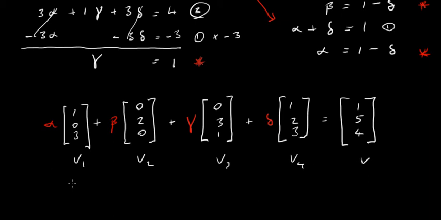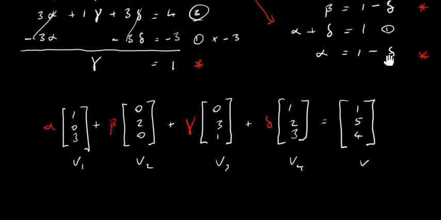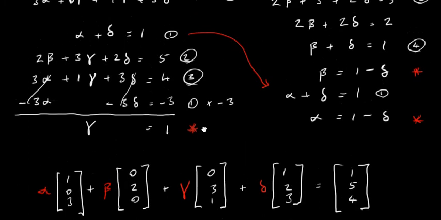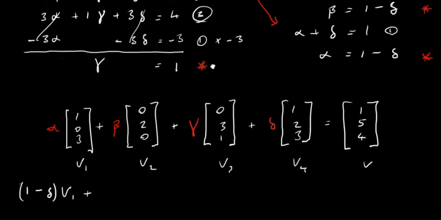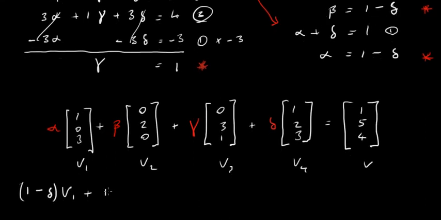So what we end up with is alpha is 1 minus delta, so 1 minus delta times V1, plus our beta, which is also 1 minus delta, times V2.